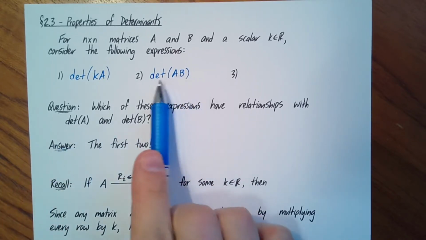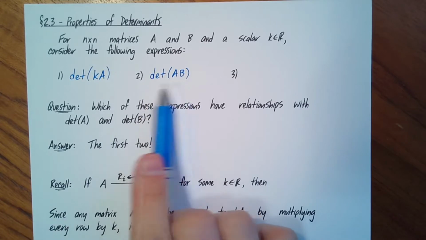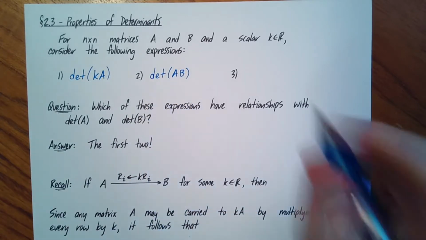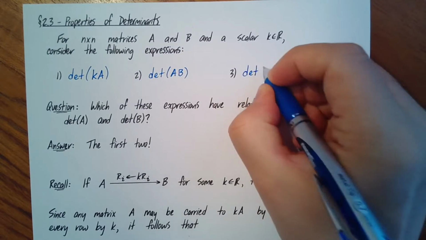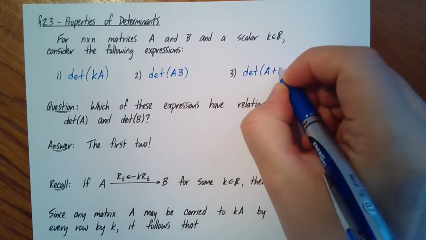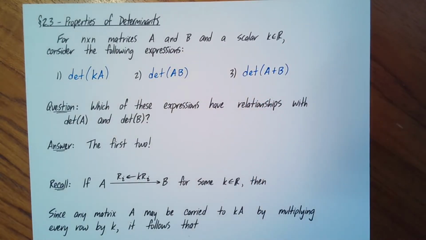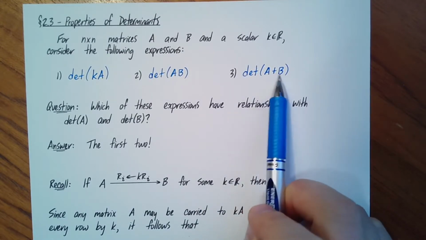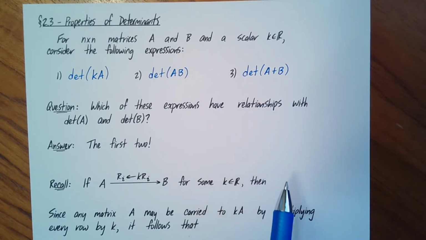So again, we have the determinant of a square matrix, so this is completely sensible as well. And lastly, I'm going to write down the determinant of A plus B. Right, and again, that makes sense because A and B are both n by n, so is their sum. So you have the determinant of a square matrix here as well.